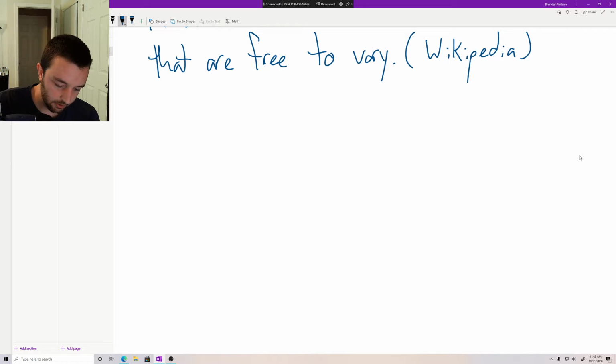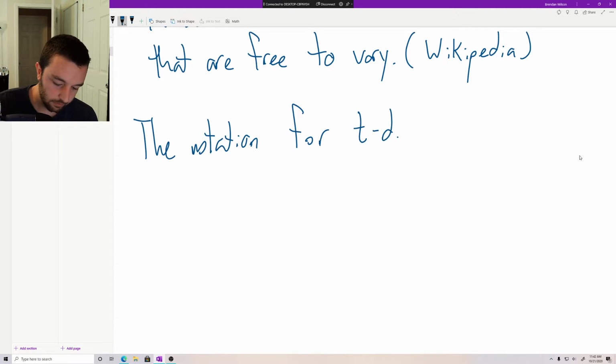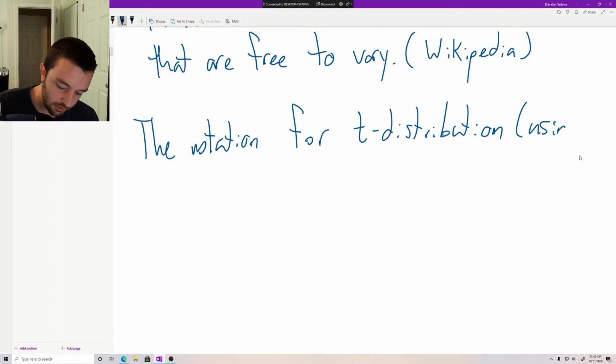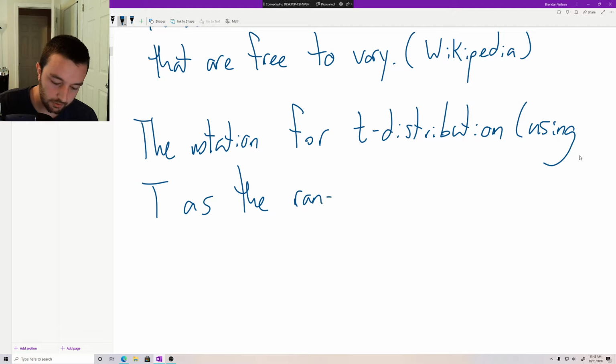So the notation for the t distribution uses t as the random variable. Normally we use x, but they're just using t here because it's the t distribution.